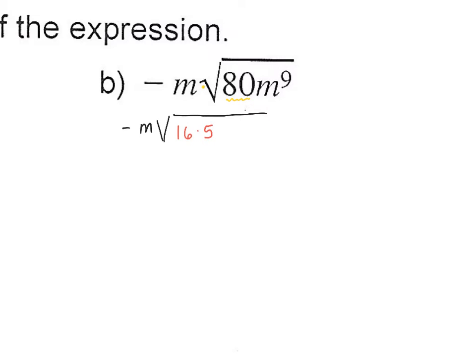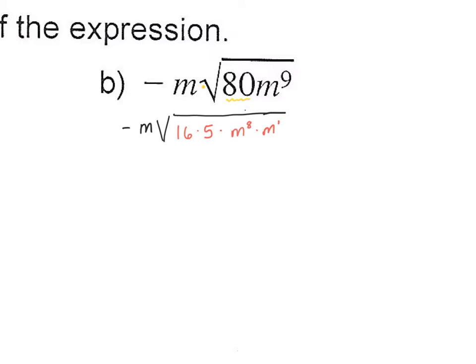And then m to the 9th, I'm looking for that even number because I'm going to find that perfect square. That's going to be m to the 8th times m to the 1st. Now, I think we can identify here that the square root of 16 is going to be 4.